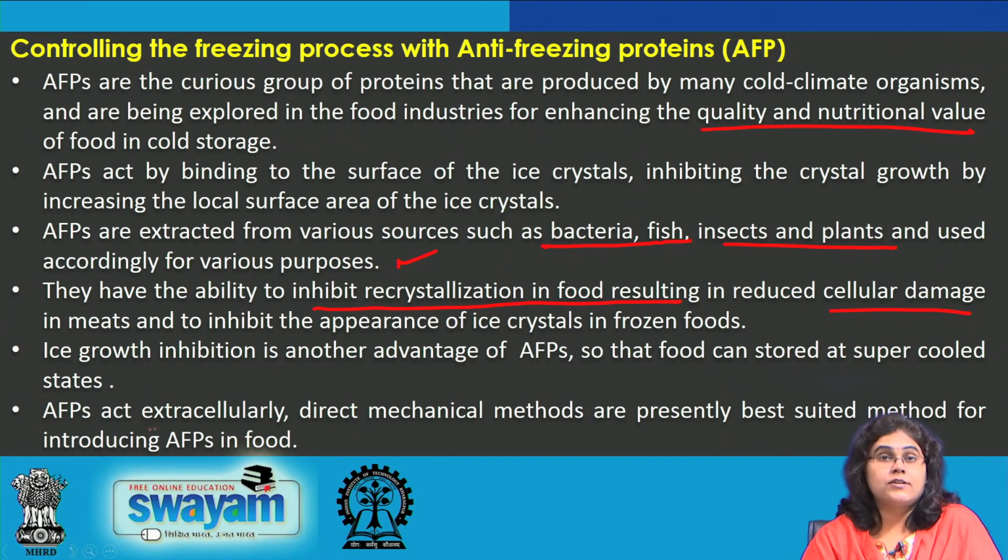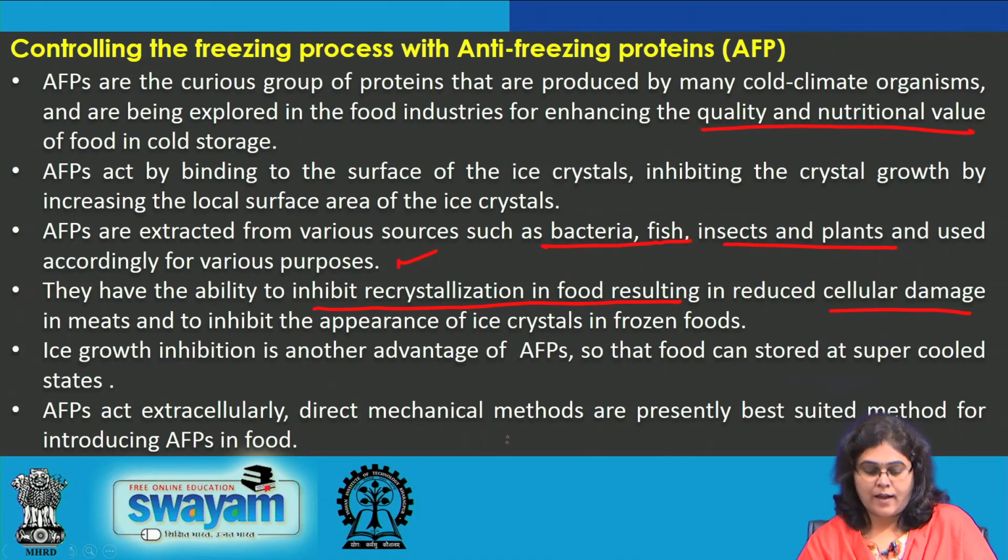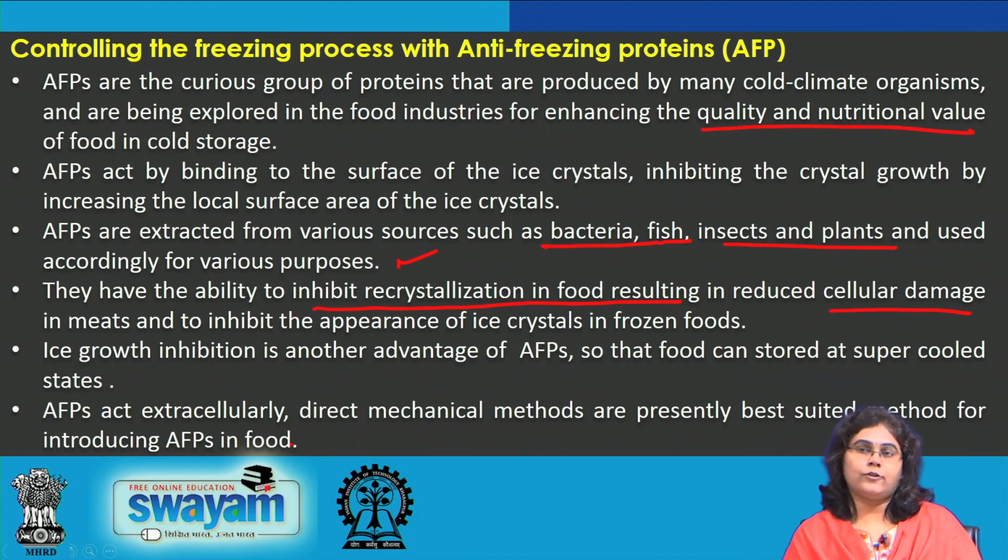Antifreeze proteins act extracellularly, and direct mechanical methods are found to be best suited for introducing these antifreeze proteins in food applications. So, these are some of the advanced technologies employed in the food freezing sector.